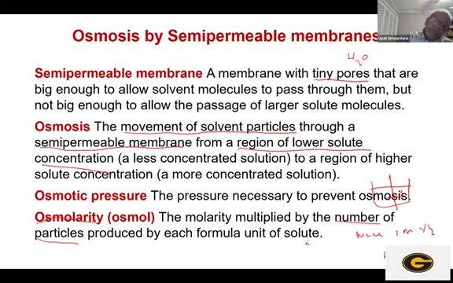If you take a 1 mole sodium chloride solution, osmolarity is 1 times 2, which is 2. Osmolarity is molarity multiplied by the number of particles produced by each formula unit of a solute.